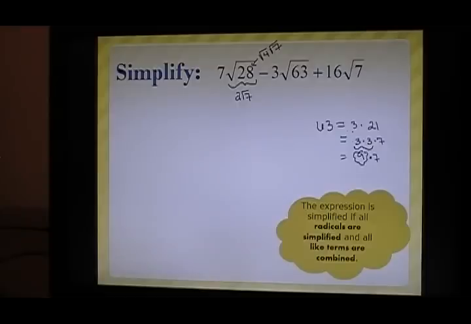There is a perfect square that divides 63. So the square root of 63, let me write this up at the top, is the square root of 9 times the square root of 7. The square root of 9 is 3. So this is 3 root 7, just the square root of 63.